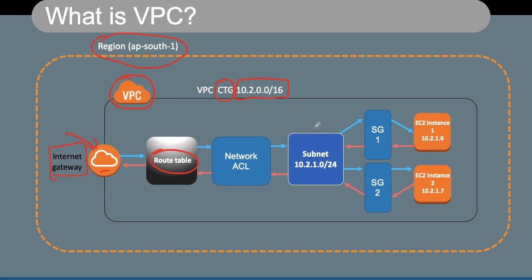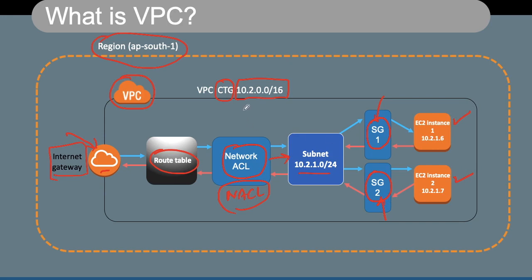After that, it goes through something called a network ACL, which is also called NACL. NACL defines rules which should be available to give you access to this particular subnet, and from this subnet you typically have two SGs, security group 1 and security group 2, and they will have their own rules to give access to the instances which are part of that particular security group.